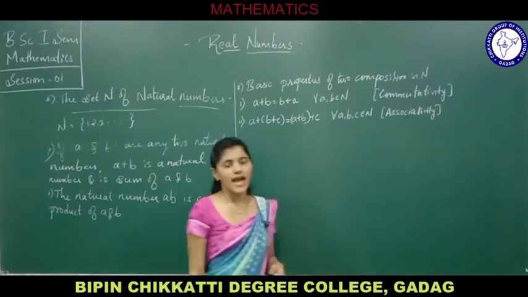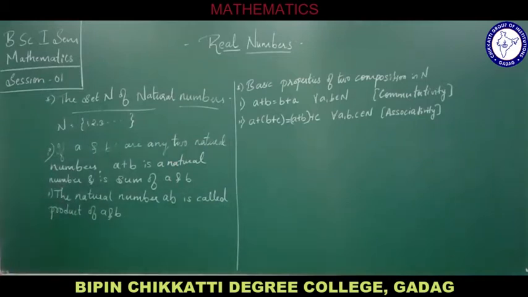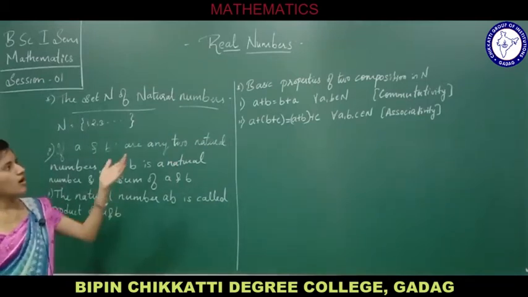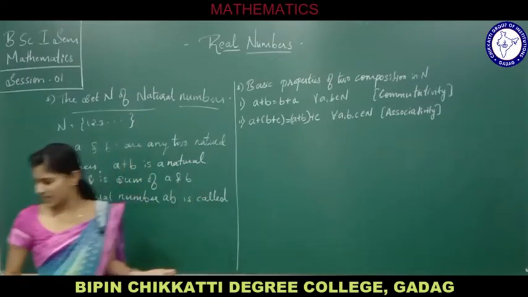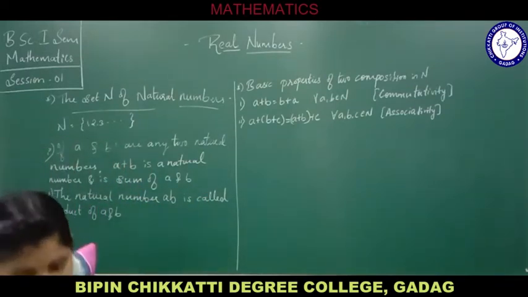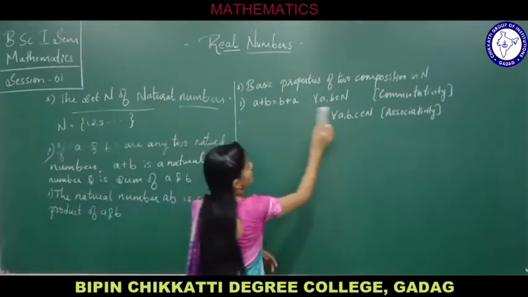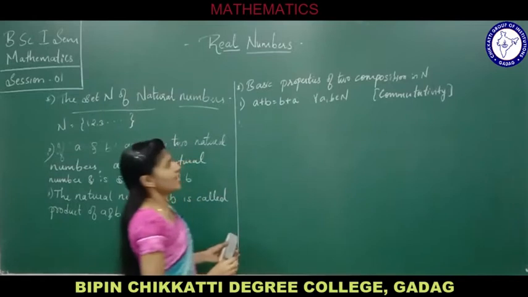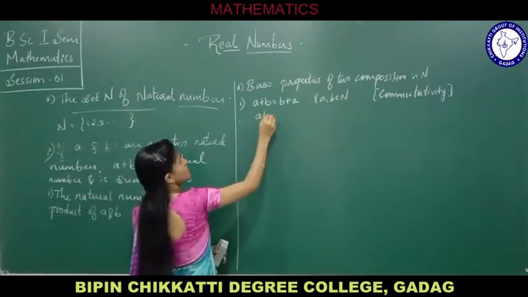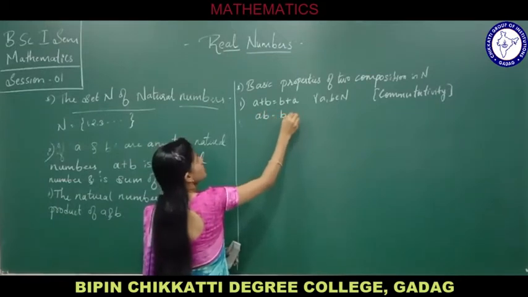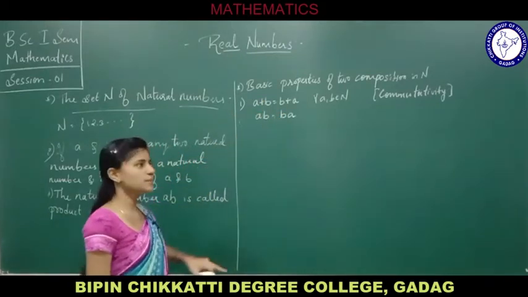After that, what other properties do we have? This is for addition. In the same way, we shall simultaneously deal with both addition and multiplication. This is the commutative property of addition. Then what about multiplication? A into B will be equal to B into A. This is for addition and this is for multiplication.